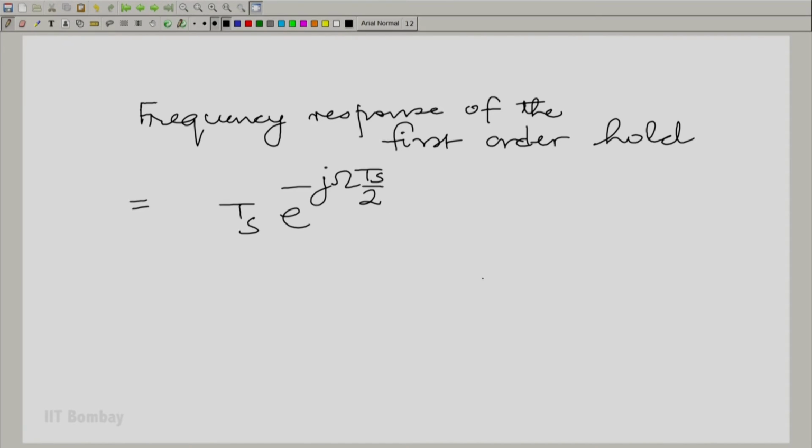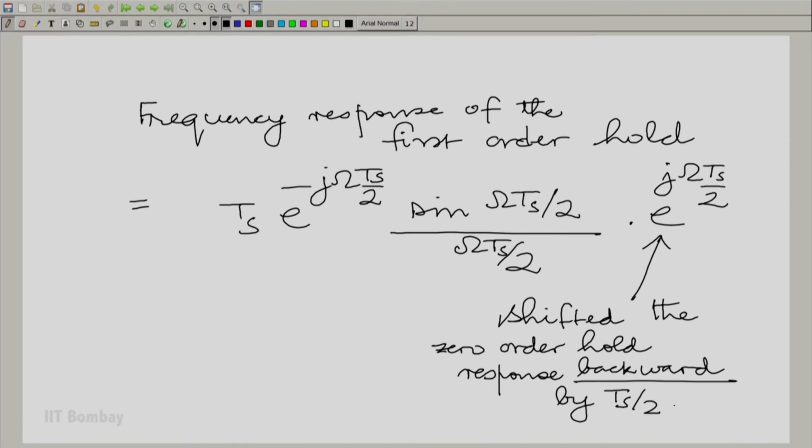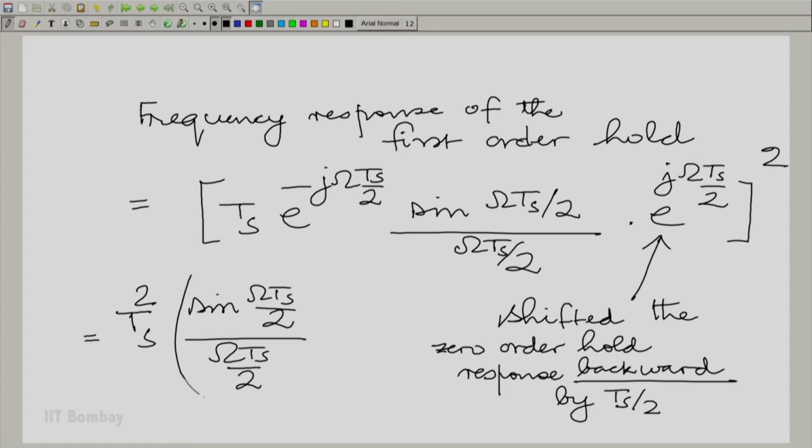Now, please remember, this was the frequency response of the 0 order hold running from 0 to Ts, and I need to multiply it by e raised to the power plus j omega Ts by 2, because we have shifted it backwards by Ts by 2. So, it is this response which is now squared, and as you can see, this would give us Ts squared times essentially (sin(omega Ts by 2) by (omega Ts by 2)) the whole squared.